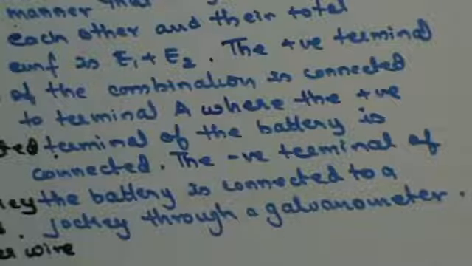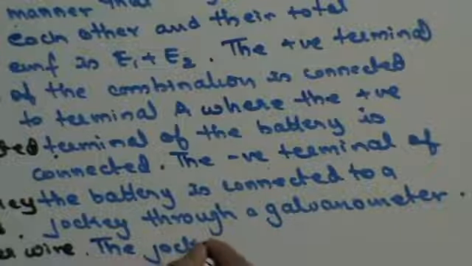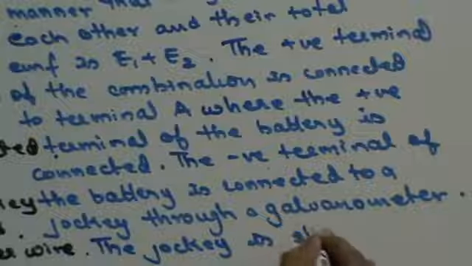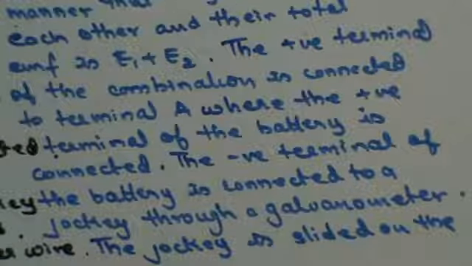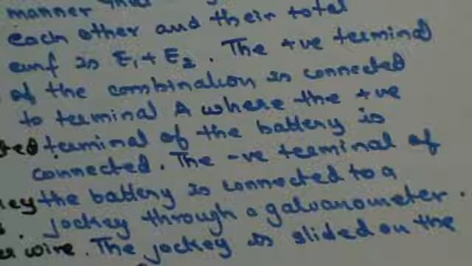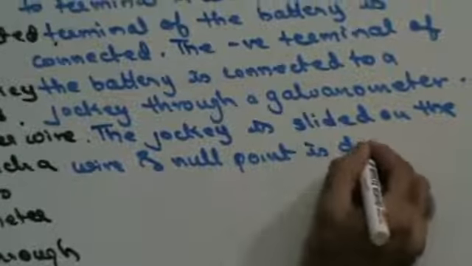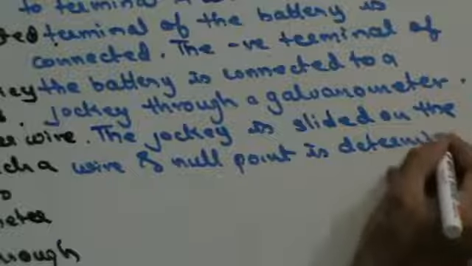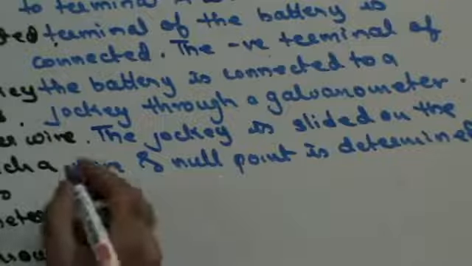The null point is determined as the jockey is slided on the wire, and null point is determined, right.